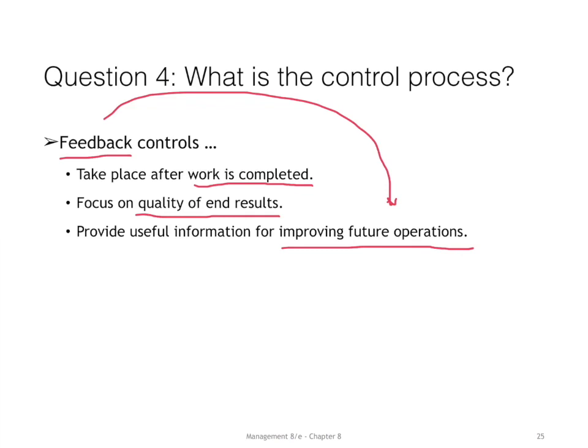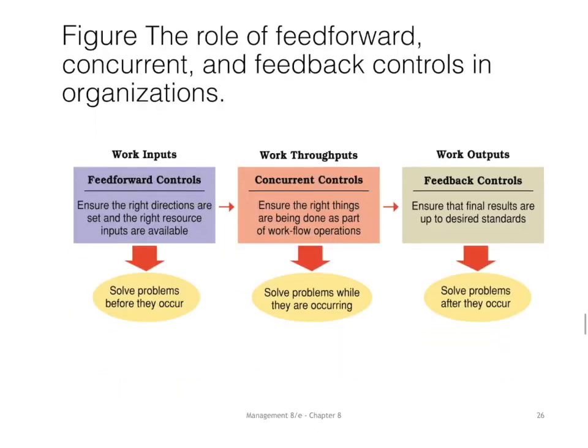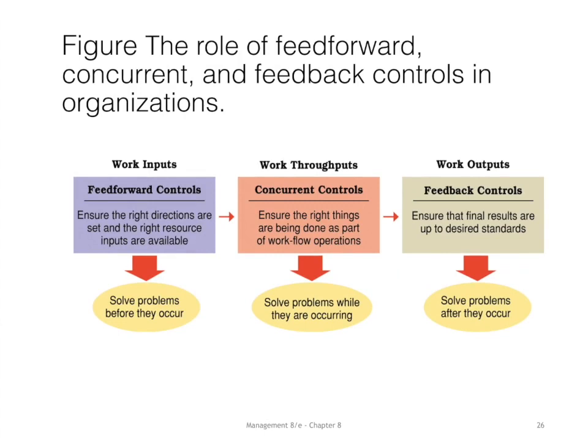We have three control configurations, like in process control. I can illustrate here the feed forward, concurrent, and feedback. Feed forward focuses on input. What is the objective of feed forward? To solve problems before they occur.